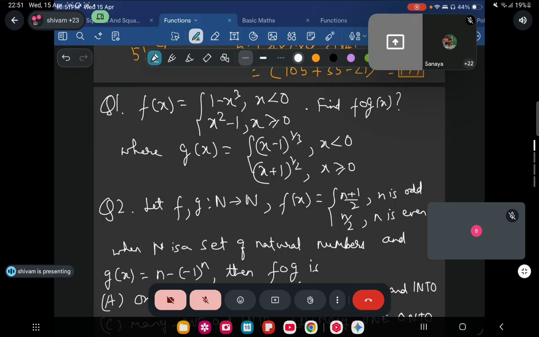Rasheshwari, number 1 is correct. Shashwato, number 1 is correct. Shinika, check number 1. Adito, number 1 is correct. Okay, others also solve.